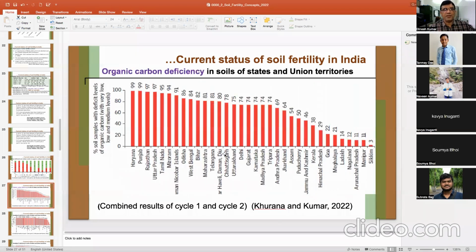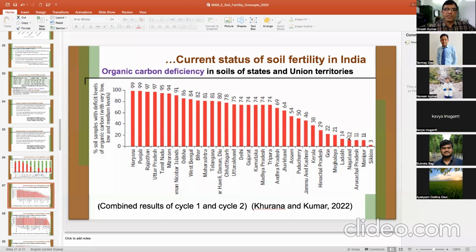Now you see this organic carbon deficiency in different states. In most of the states it was deficient, but some states were happy also. In Meghalaya only 21% of samples were deficient. Meghalaya, Ladakh, Nagaland, Arunachal Pradesh, Manipur, Sikkim. Mostly these are hilly states. Even Himachal Pradesh.